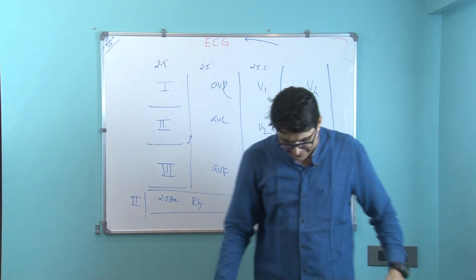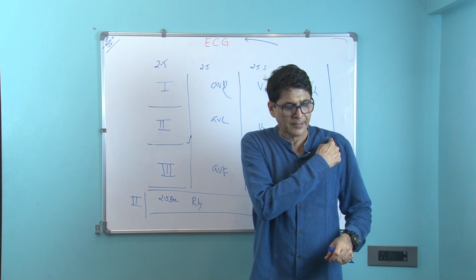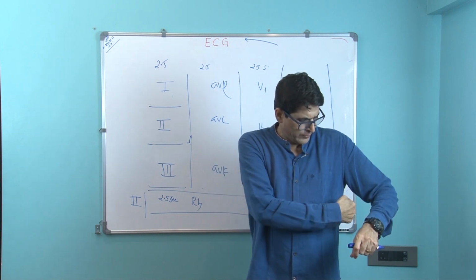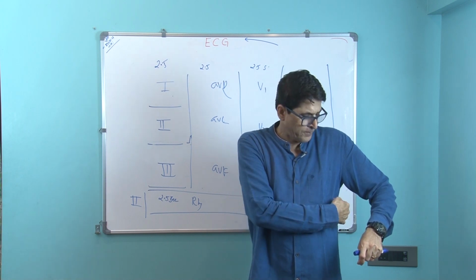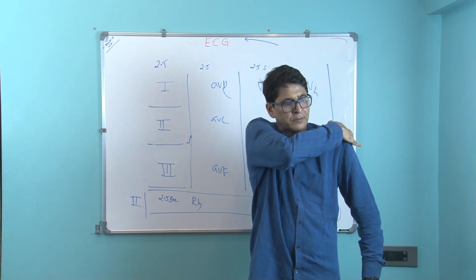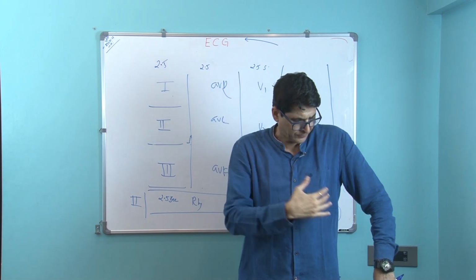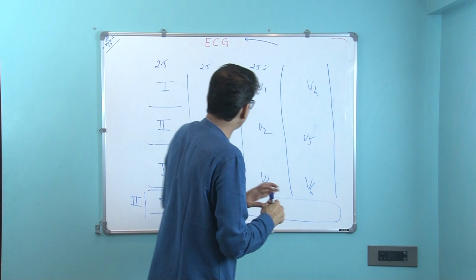Even if I am standing like this, my lead 1 is left arm, right arm. Leads V5, V6 are here, I told you, anterior axillary line, mid axillary line, and lead AVL is left arm. So 1, AVL, V5, V6 are all lateral oriented leads.